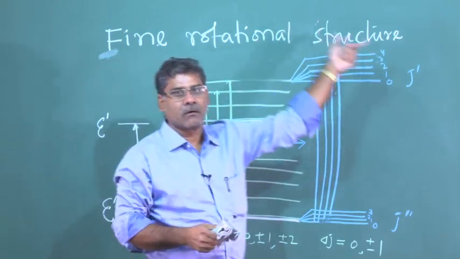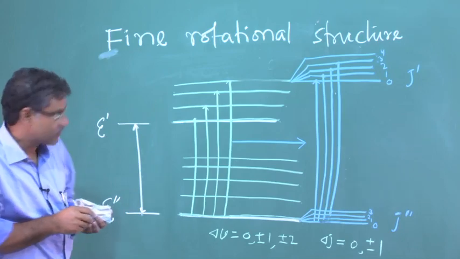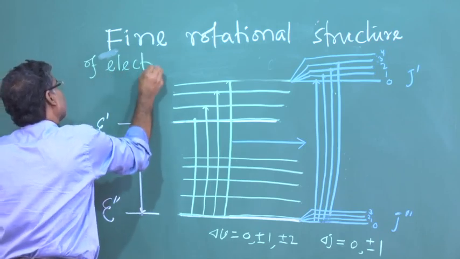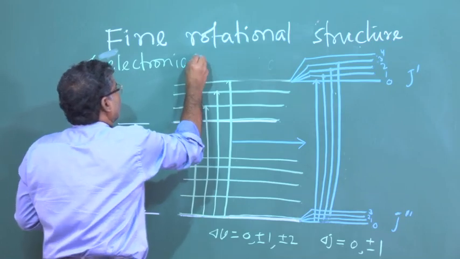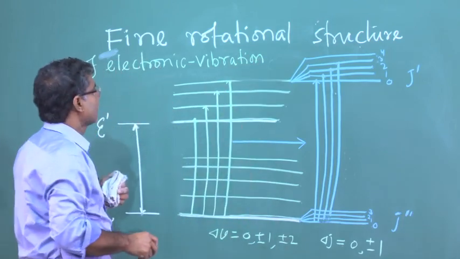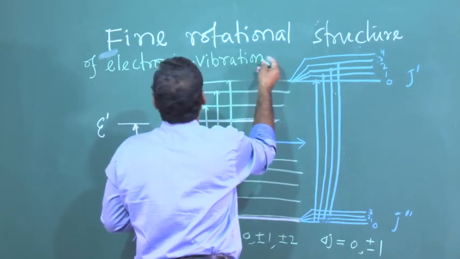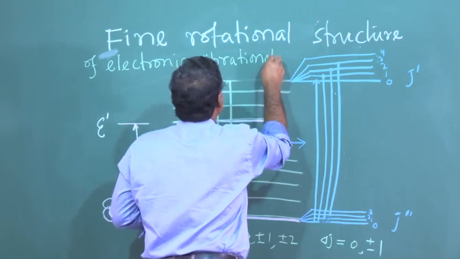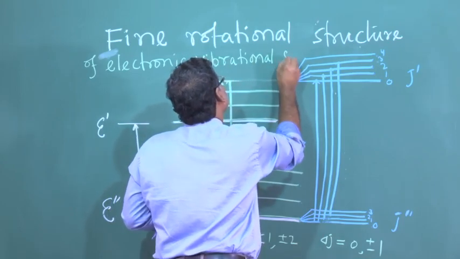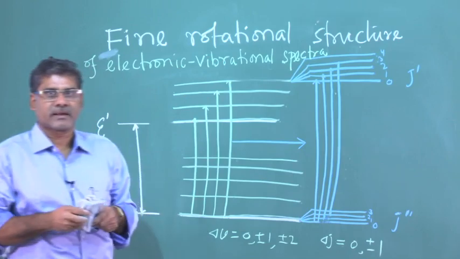Fine rotational structure of electronic vibrational spectra, or spectral lines. Okay.